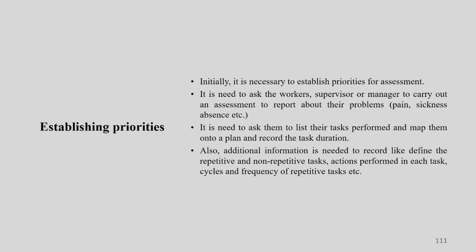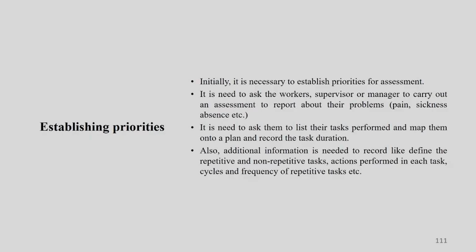So, maybe you can use NMQ or DMQ or some body discomfort mapping, so that you have an idea that there is some kind of body discomfort or sickness, or data from absentee records, like your roster cycle, that you can use. Then you need to ask them to list their tasks performed, map them onto a plan and record the task duration. So first you will do this.